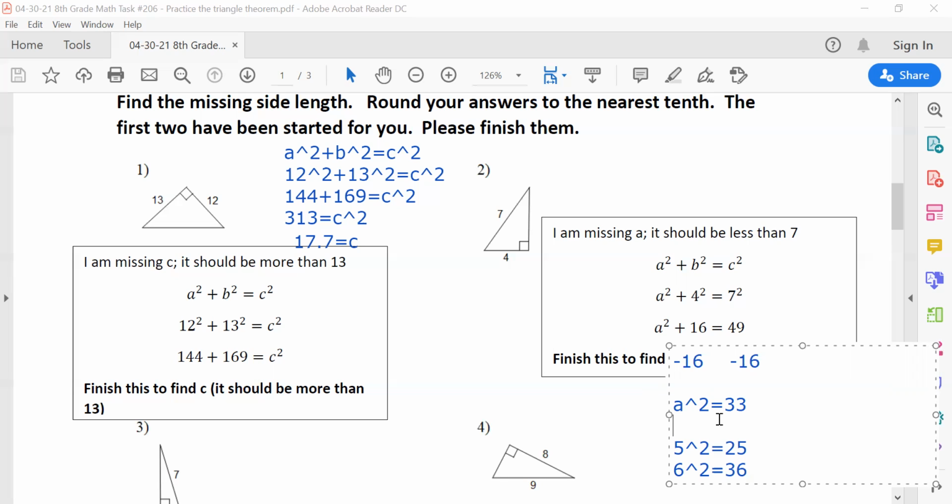So I'm going to say A is about maybe 5.8. That makes sense because remember, C always has to be the longest side. So the answer can't be bigger than 7, because I already know the longest side is 7, so it has to be less.